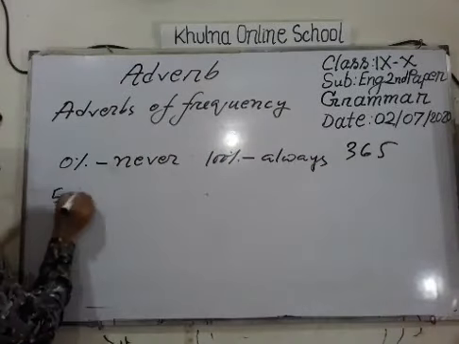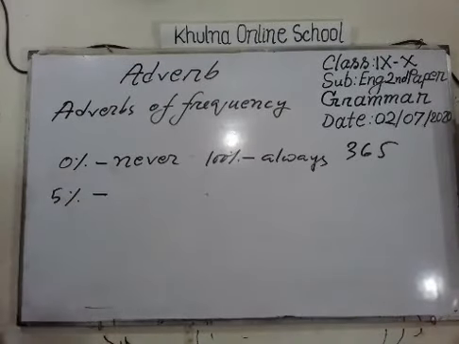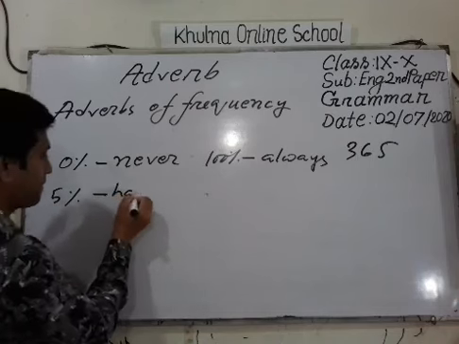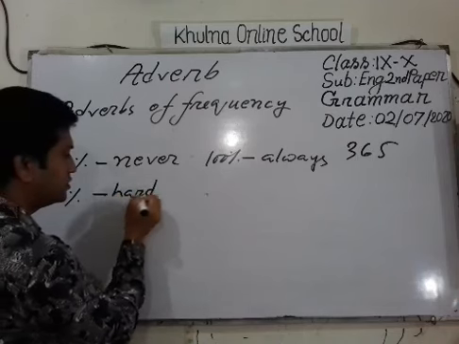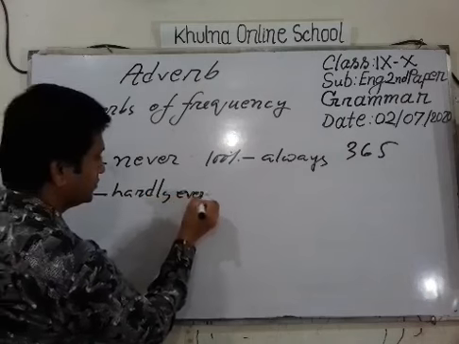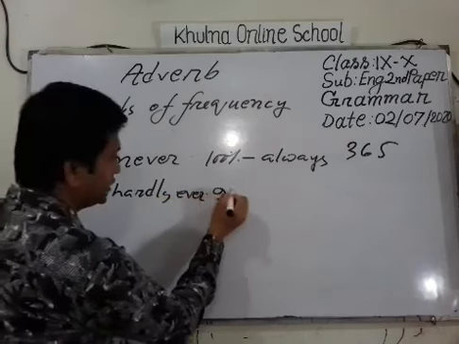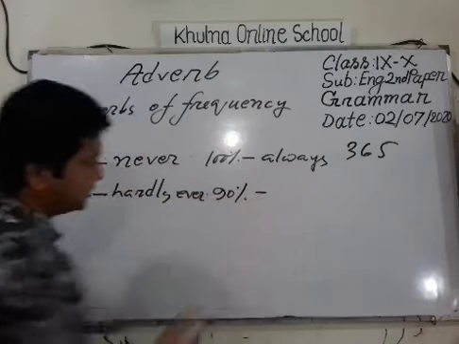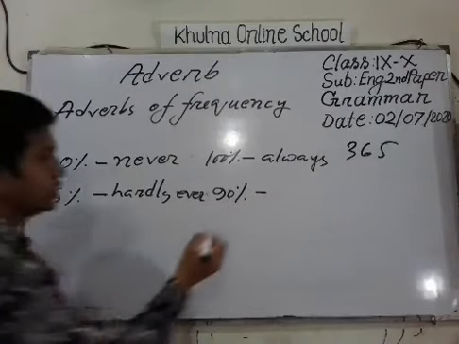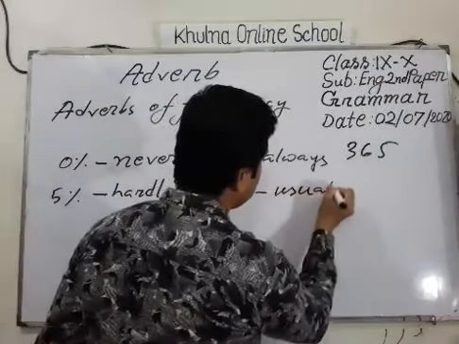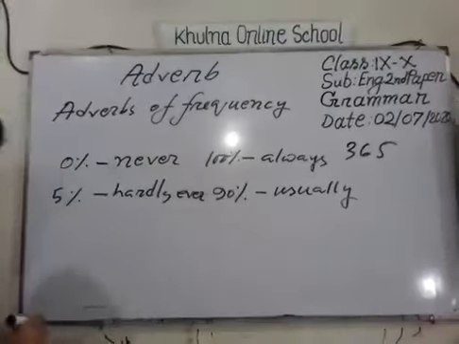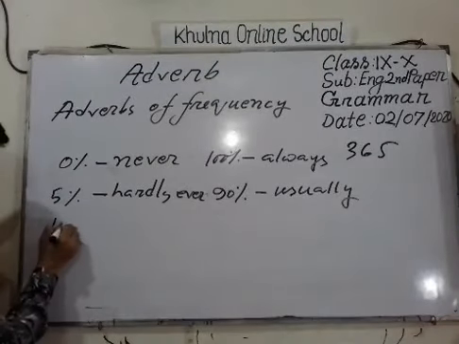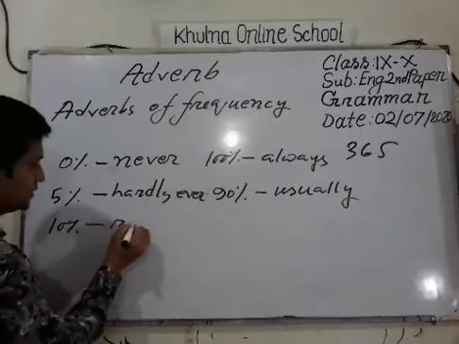But if it is 5%, it is hardly ever. If it is 90%, you can write usually. And if it is 10%, it is rarely.